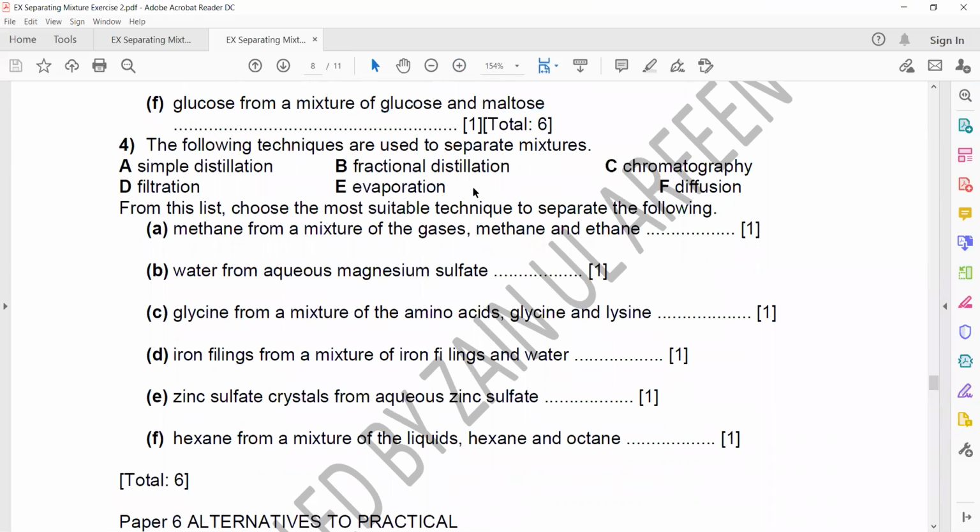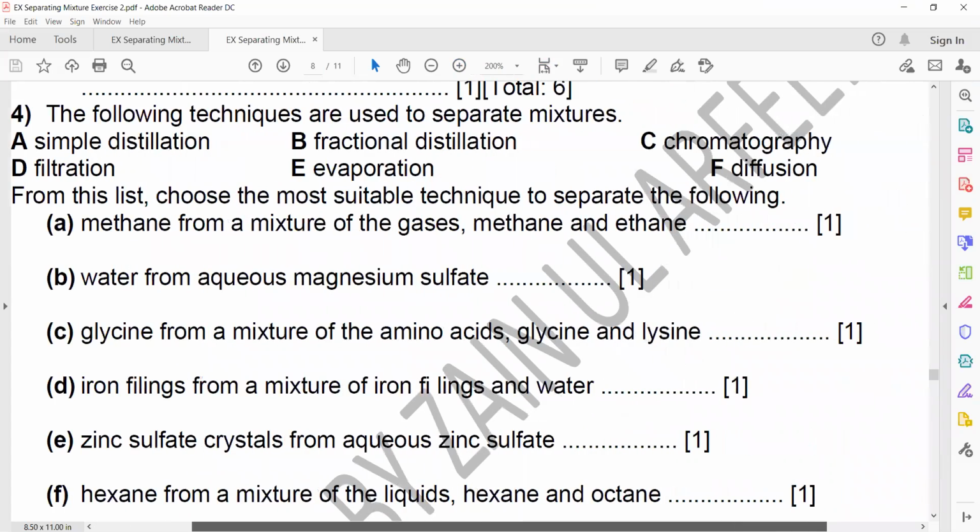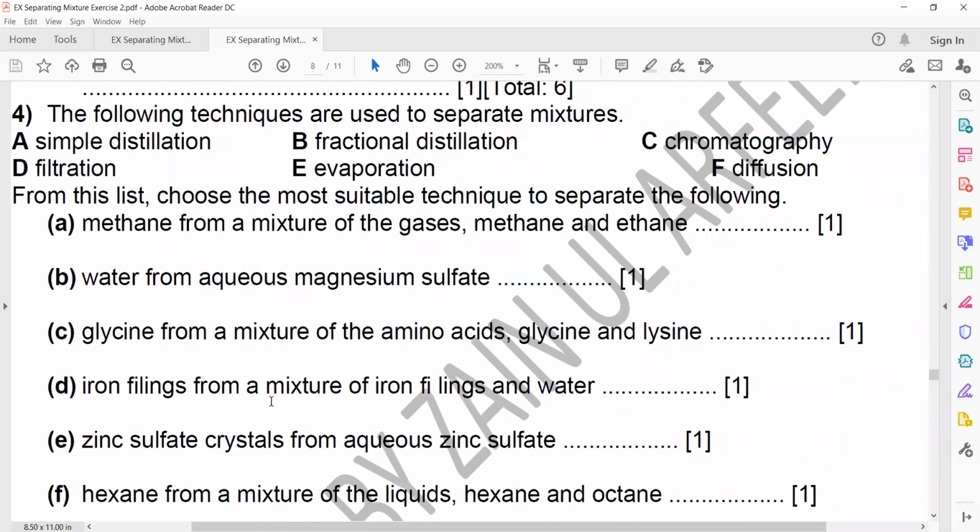Question number 4. The following techniques are used to separate the mixture. Methane from a mixture of gases, methane and ethane. Which method is suitable? Fractional distillation.